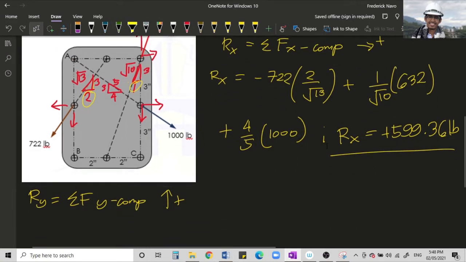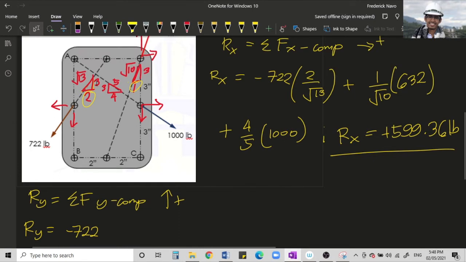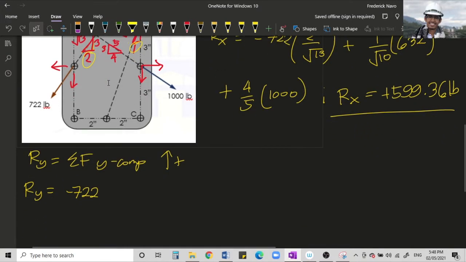So in this case, we have the 722 pounds. So Ry is equal to, so yung 722 pounds going downward siya. Okay? So that will be negative ulit. Negative 722 times yung ating slope na gagamitin, that will be 3 along y-axis. So 3 over square root of 13.